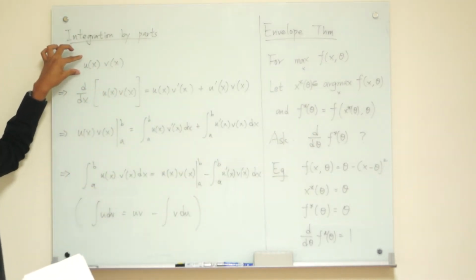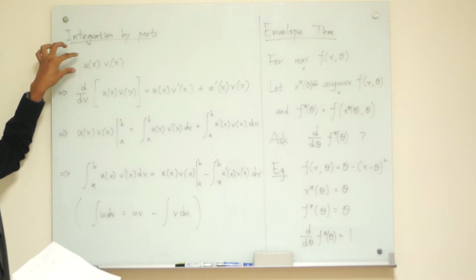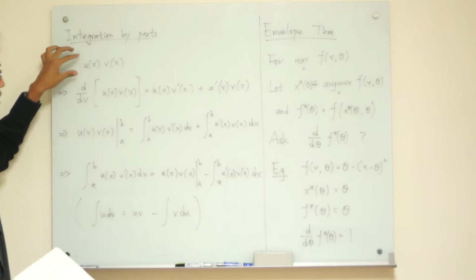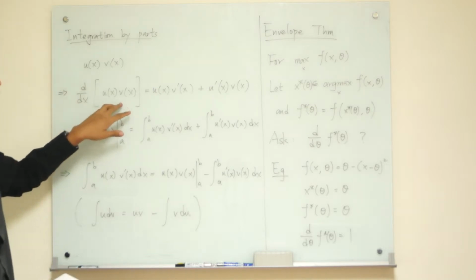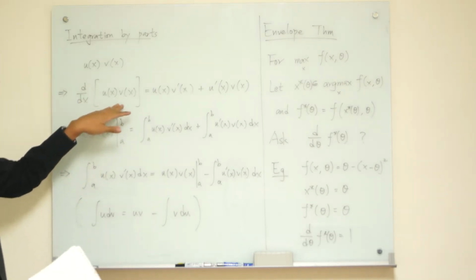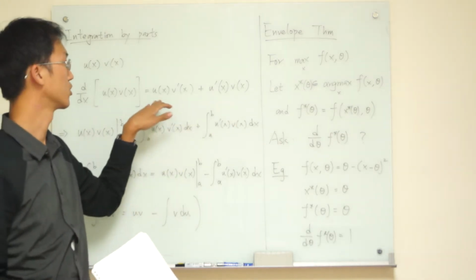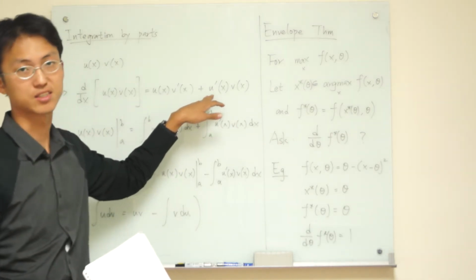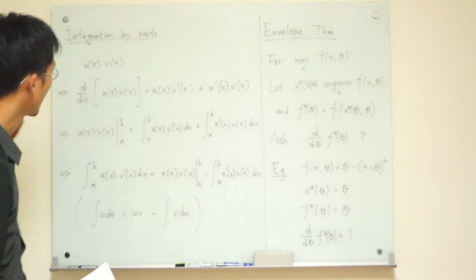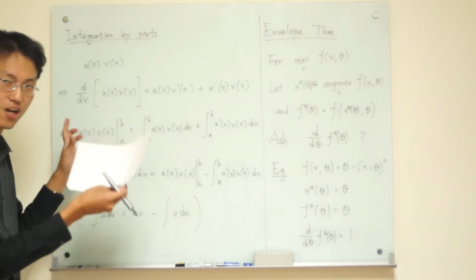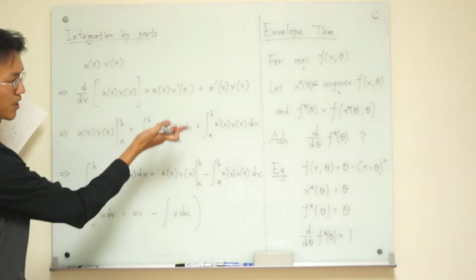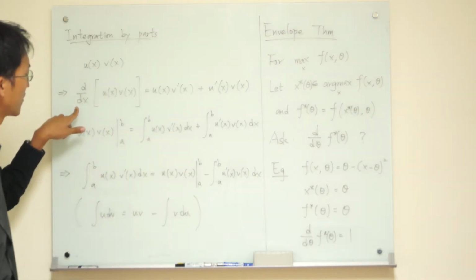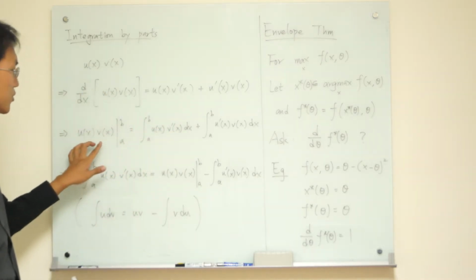Suppose you have a function that is a product of two functions u and v. If we do the first order derivative for this function, then we get the product rule, u v prime plus u prime v, okay? And then if we now do an integration to make things go back, for the left hand side, it will become uv again.